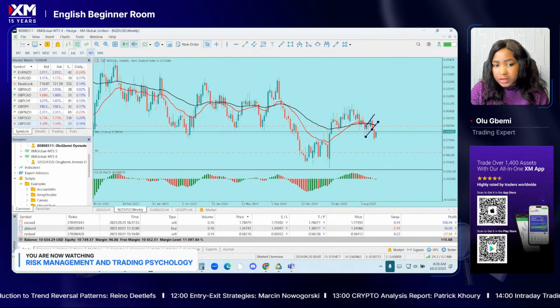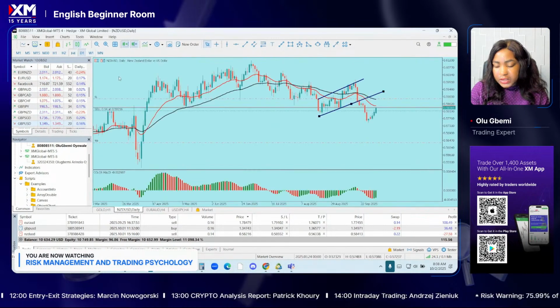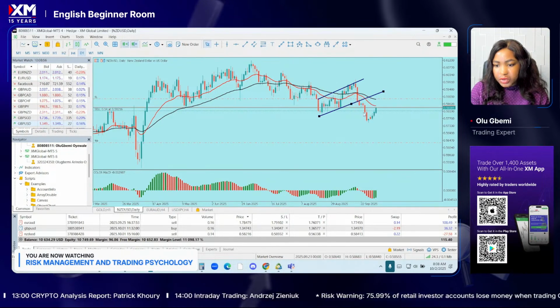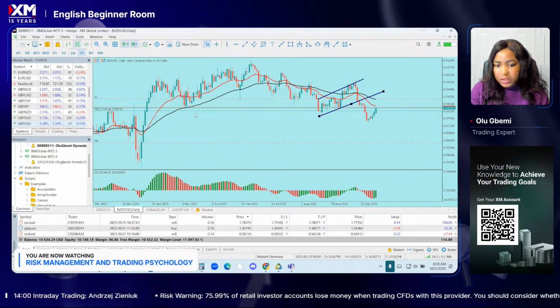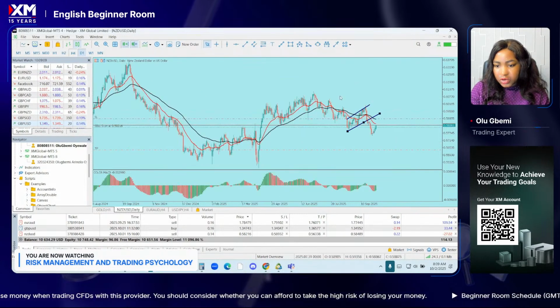It is correcting at the moment. For how long that correction is going to be, I may not be able to tell exactly, but I feel that whatever we have at the moment is just a pullback, and that the price will continue down later. You would see all of this consolidating area, where the head and shoulders had formed on the higher time frame, got broken.